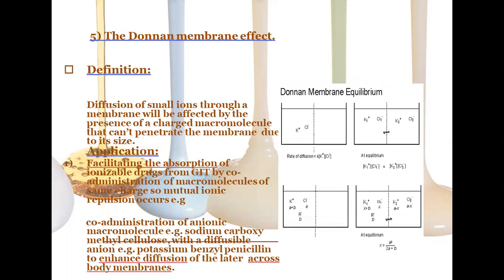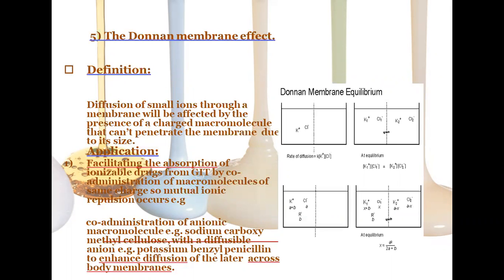Next is Donnan membrane effect. Diffusion of small ions through a membrane will be affected by the presence of a charged macromolecule that can't penetrate the membrane due to its size.